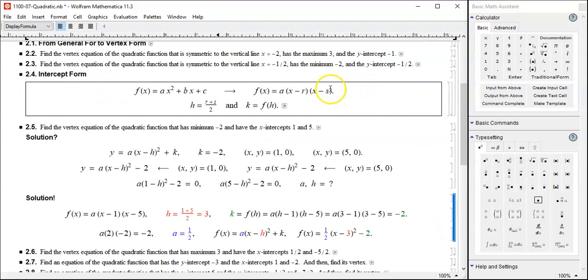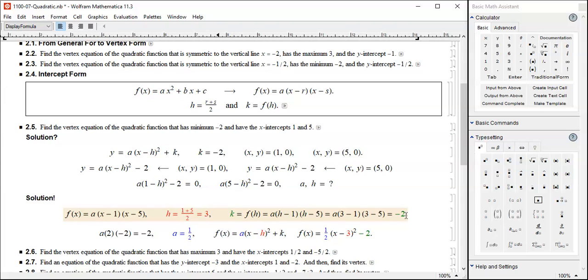Now, using the intercept equation, we have x-intercepts 1 and 5. I can put those directly in. And then I only have one character to determine. Not a system of equations, just one equation. I don't know a, and I can find out easily. H immediately follows, and then k immediately follows.